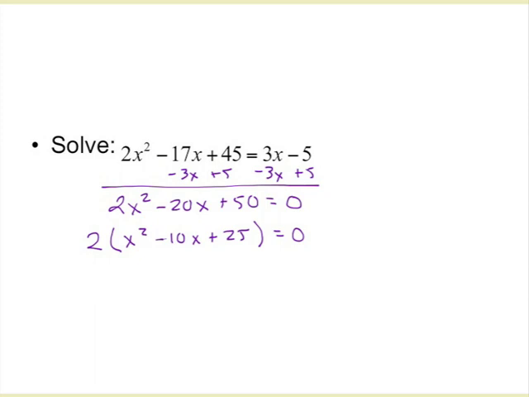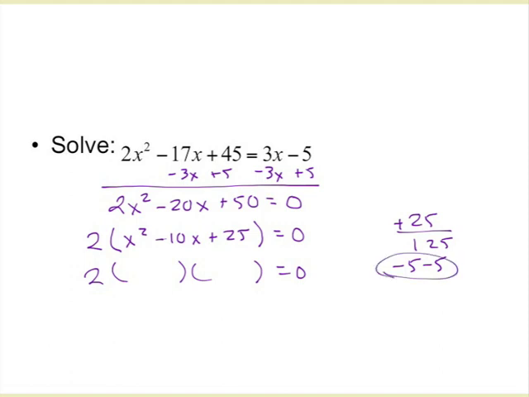Now we want to factor what's inside those parentheses by saying, what can I multiply to get 25? So that'd either be 1 and 25 or 5 and 5. That I can make a negative 10 out of. Negative 5 and negative 5 would make a negative 10. So x minus 5 and x minus 5.